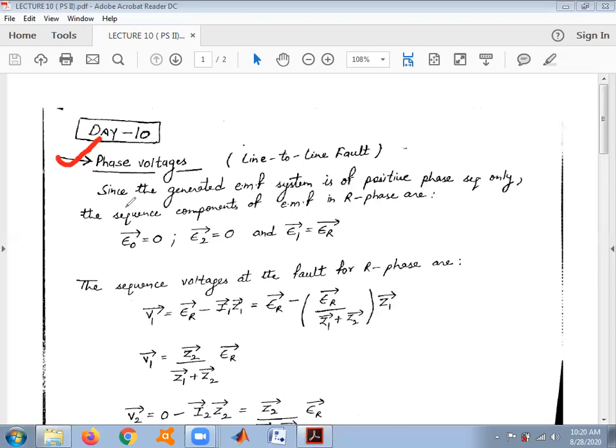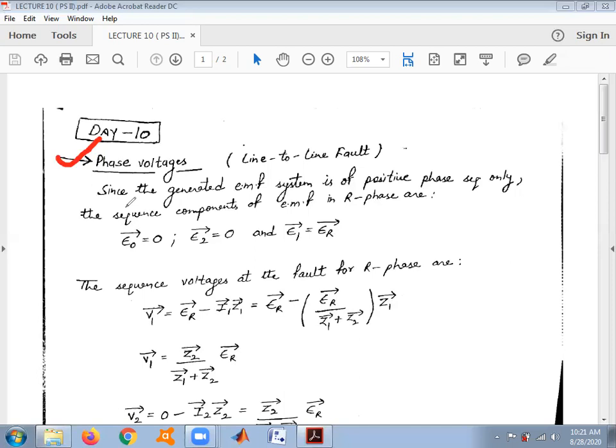The first is how to determine the phase voltage, and the second is how to determine the fault current. In this topic, line to line fault, that is the second category of fault, we had already derived the equation for the fault current. Now we are going to derive the equation for the phase voltage.